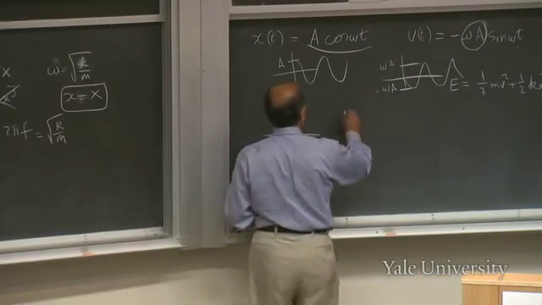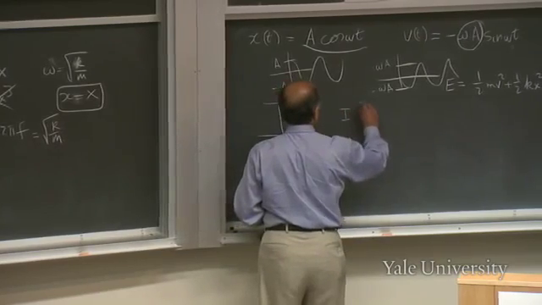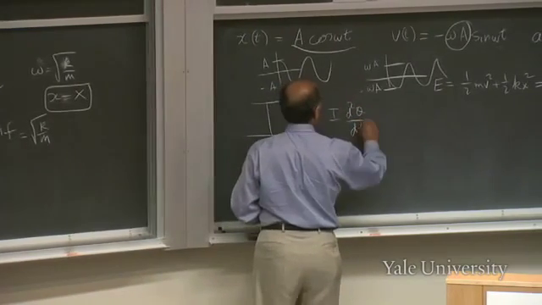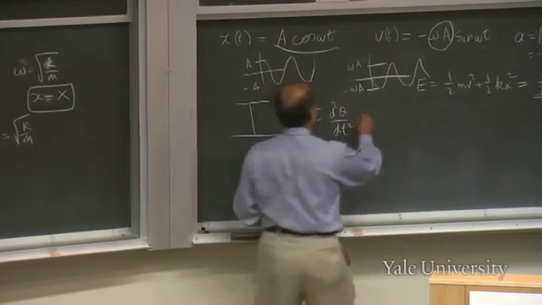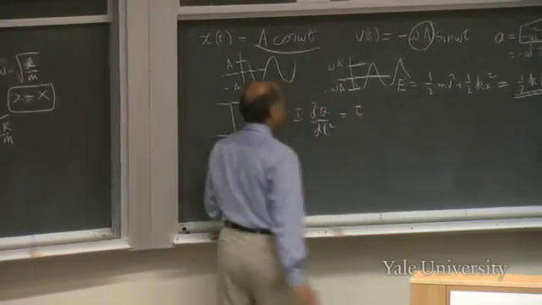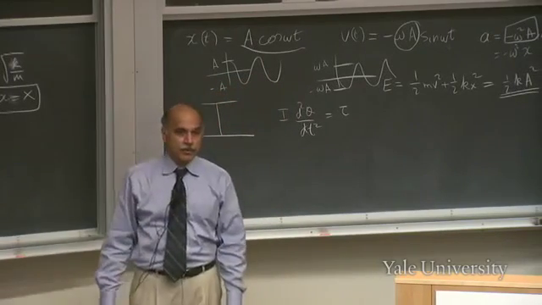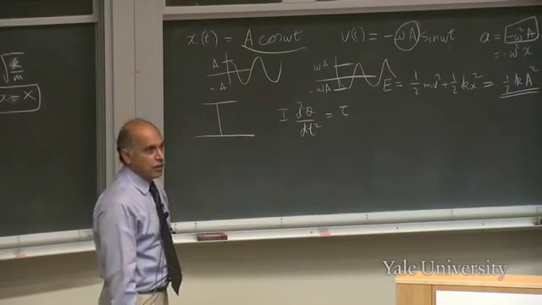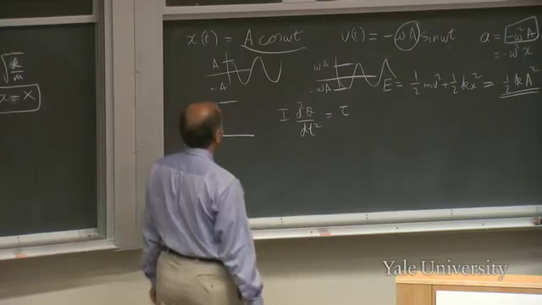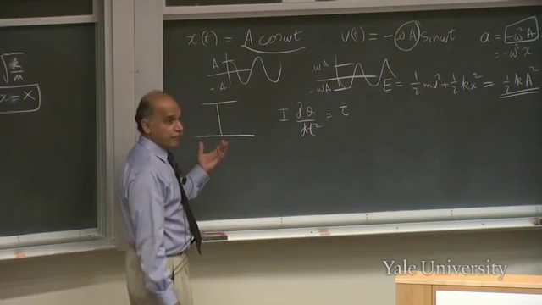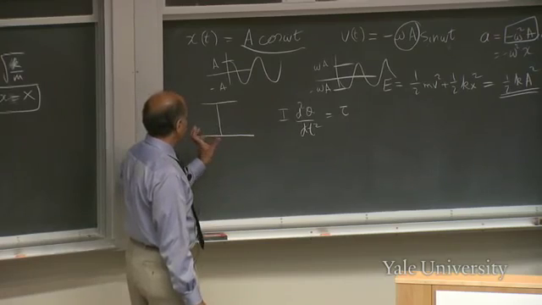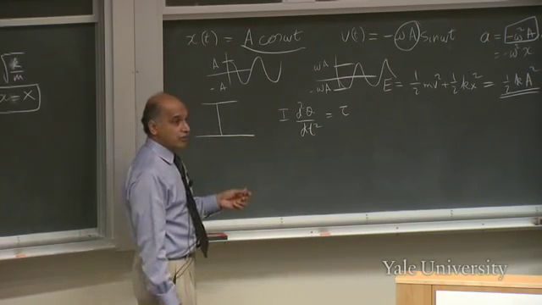What's the equation in this case? Equation here is I d2 theta over dt squared. You guys remember now that's the analog of ma. That's going to be equal to the torque. Now what will happen in the problems we consider is if theta is a small number, then the torque will be such that it brings you back to theta equal to 0.